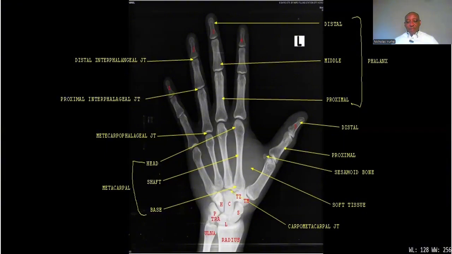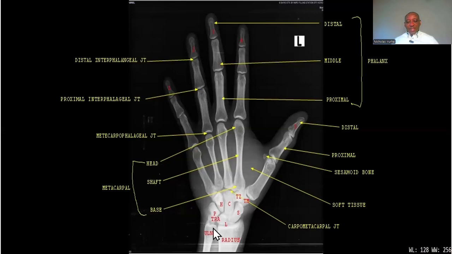Well, however, we'll be starting off with the distal end of the forearm, which basically consists of the radius and the ulna. The radius is the broader one, and the ulna is the smaller one.